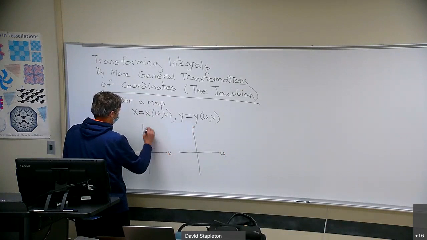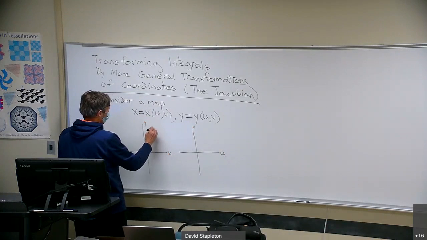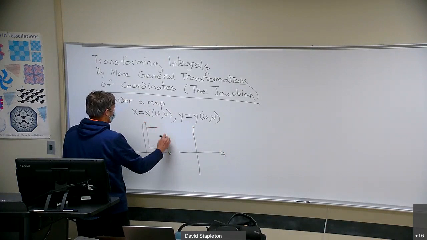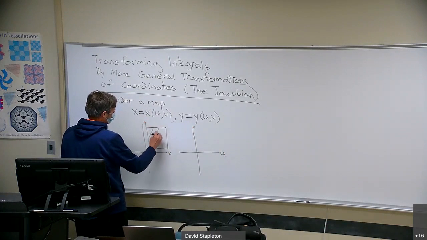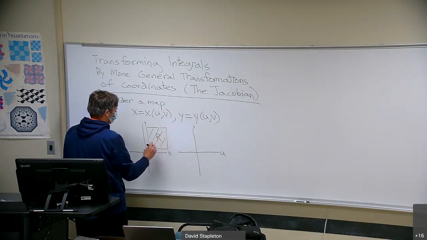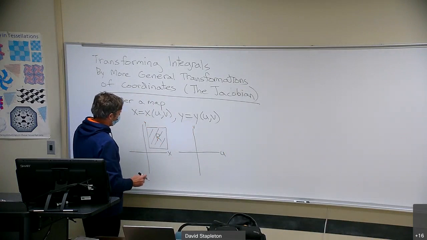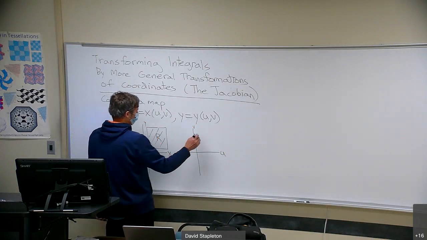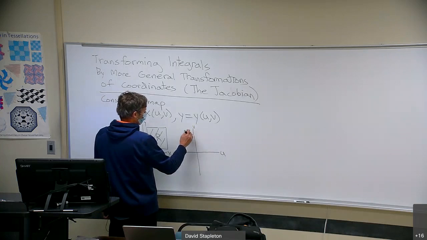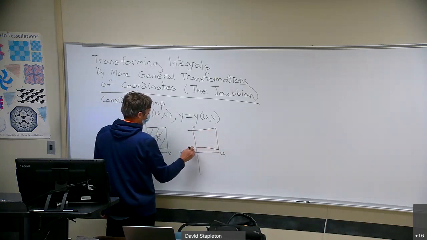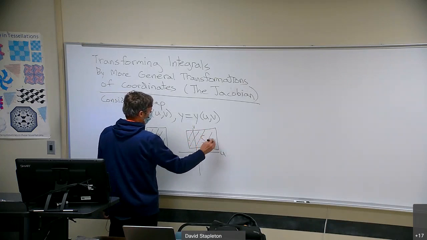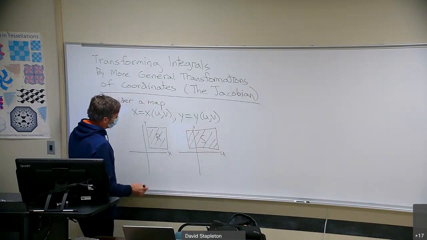and xy space. And maybe I have some region R, not necessarily a rectangle, but I'll draw it that way, in xy space upon which I want to do some integration. And then I have some other space over here, S, with appropriate changes of variables.